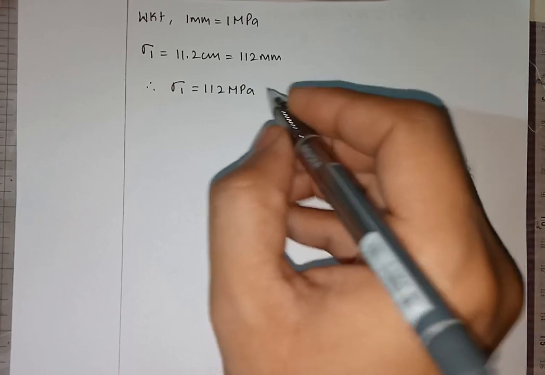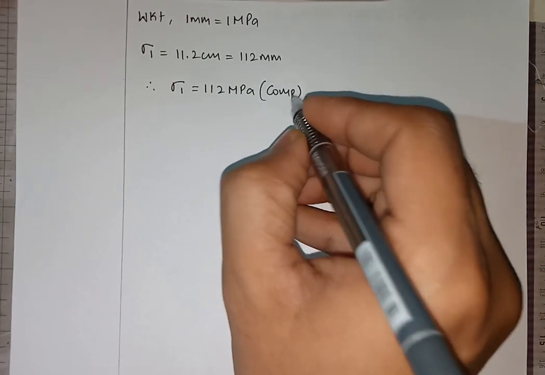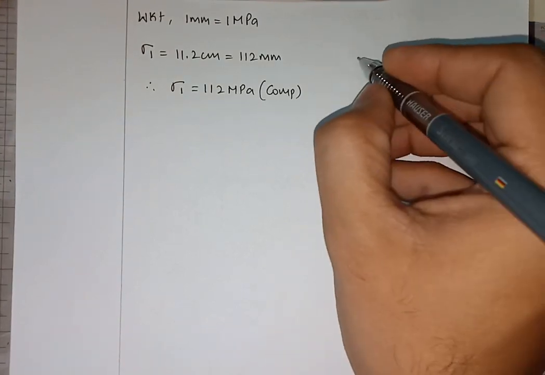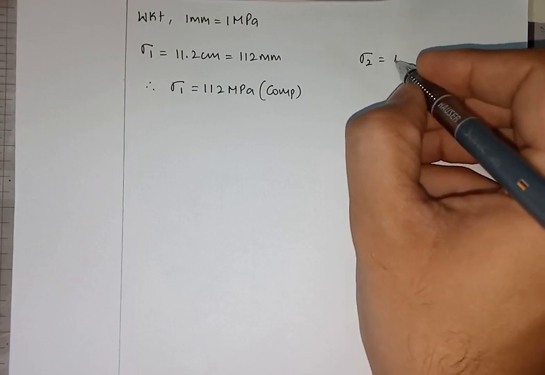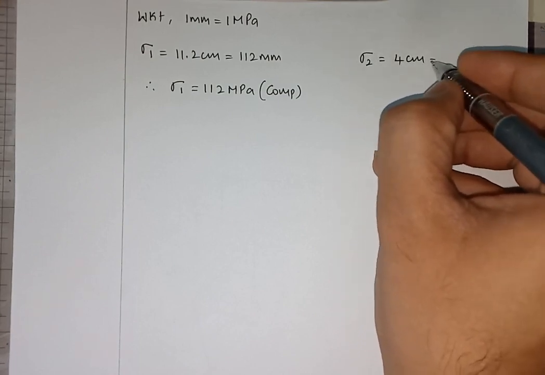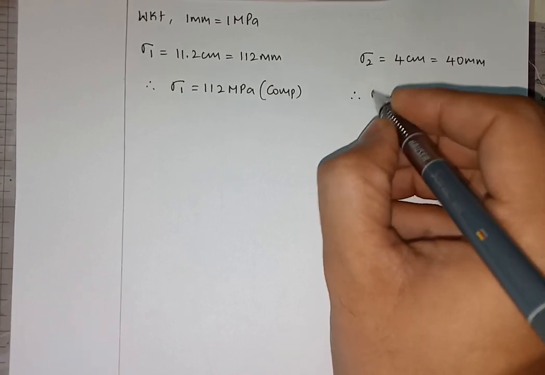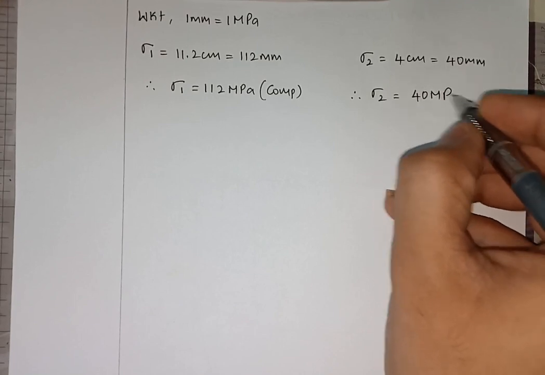Similarly, sigma 2, I'll write here as compressive, or you can write it as negative. Both are the same, right? Sigma 2 is 4 centimeters, that is 40 mm. So therefore sigma 2 is also 40 MPa.